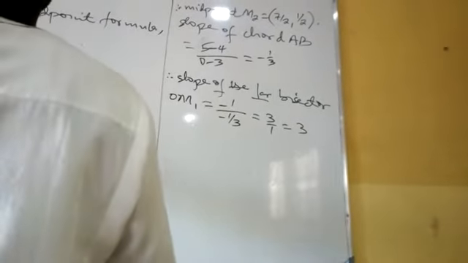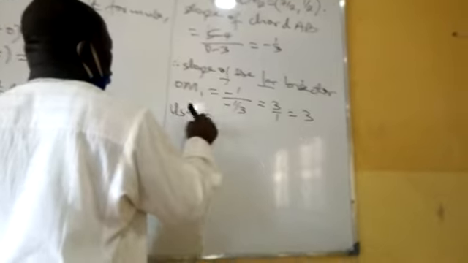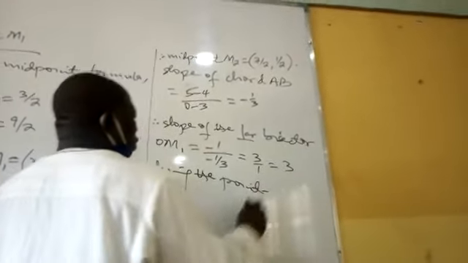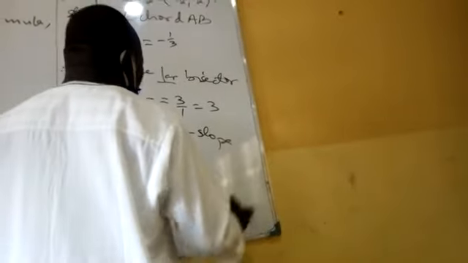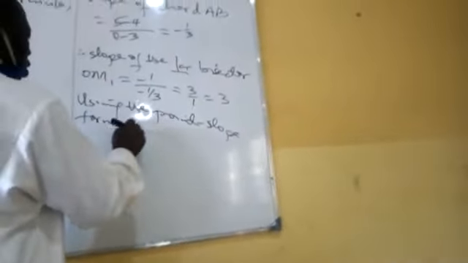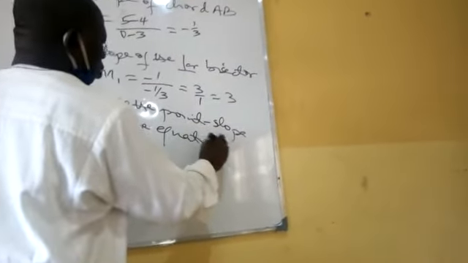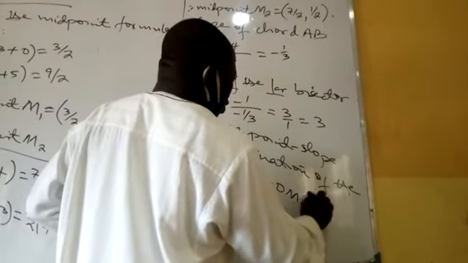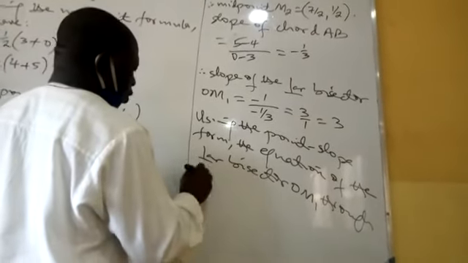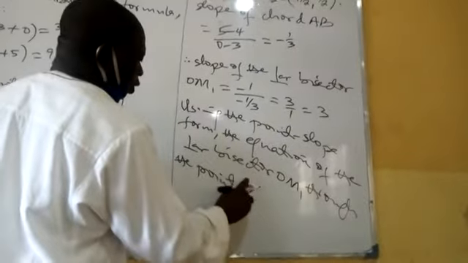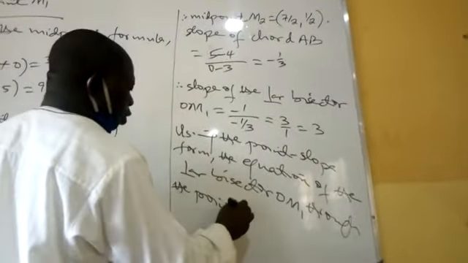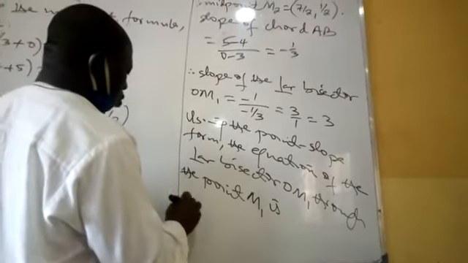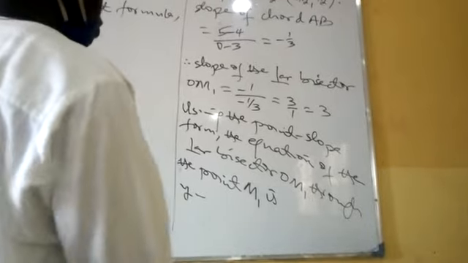So now, using the point slope form of the equation of a straight line, which we did under straight line equation, the equation of the perpendicular bisector OM1 through the point M1 is y minus y1, where y1 in this case is half.